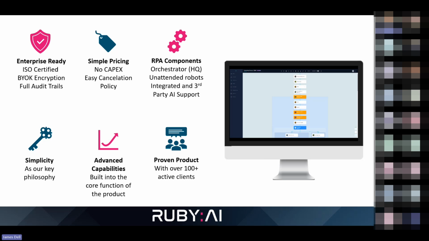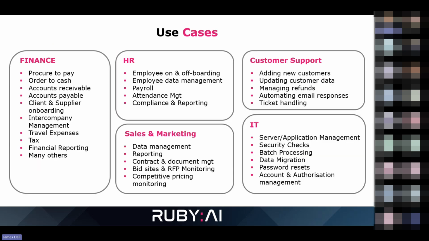And ultimately, the whole point of this is it's supposed to be simple. Start simple, grow and expand. It's supposed to be something that will make your life better, not more complicated. But the product has the ability to do very advanced, very intensive functions straight away. So that's built into the core function of the product, that it can be super integrated, super advanced, super clever, and it is a proven and tested solution.